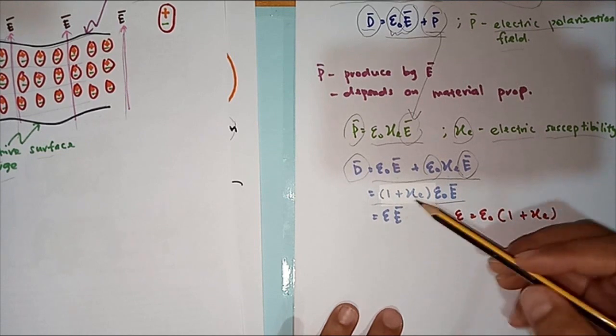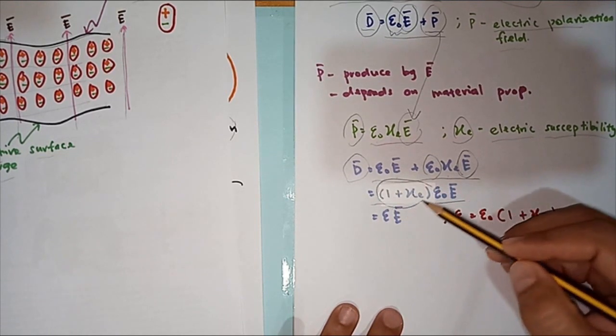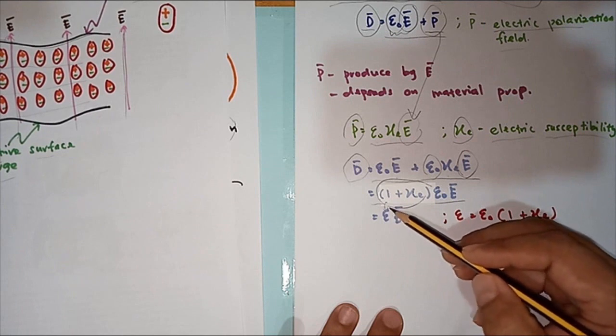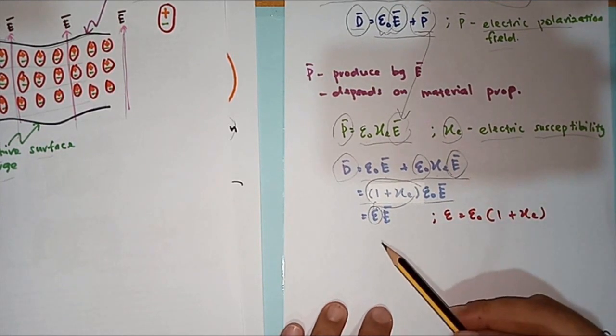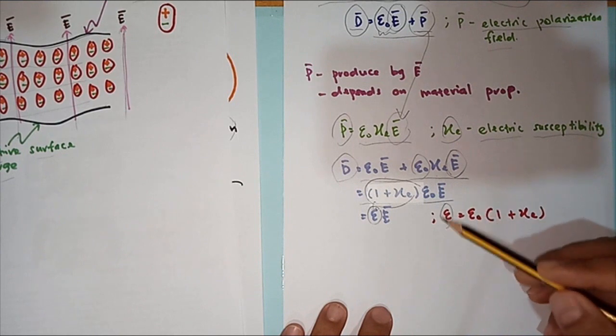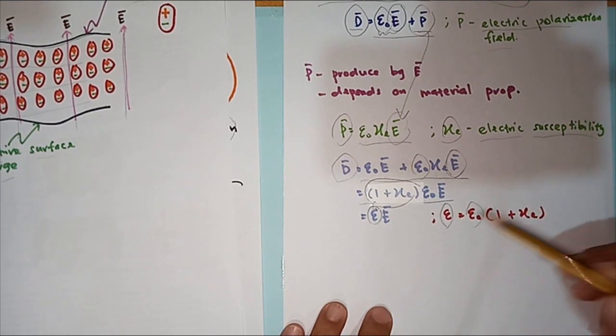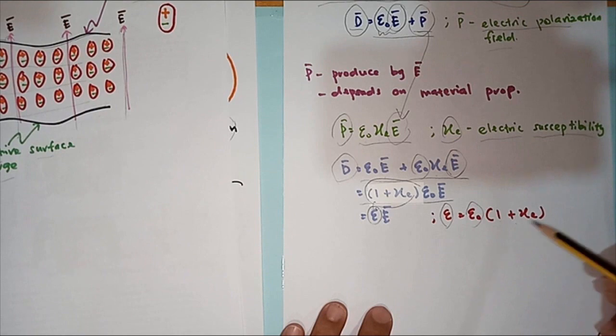This part of the equation we call epsilon, which is the permittivity of that particular material. The permittivity is equal to epsilon naught multiplied by 1 plus χe.